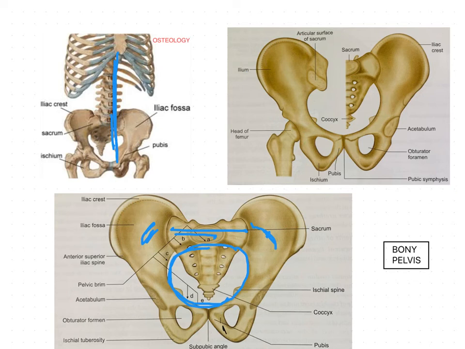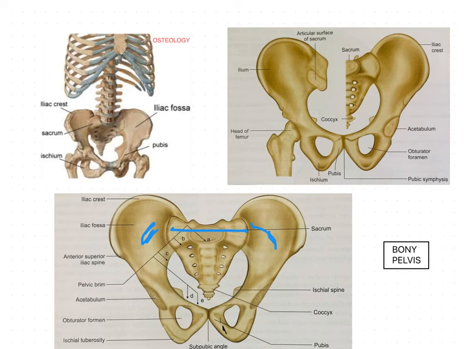The margins of the aperture constitute the pelvic brim. So how is this pelvic brim formed? Behind, it is formed by the sacral promontory and the ridge separating the superior and anterior surfaces of the sacrum. These are the lines you can see here, that is A, B, C, D and E. These are the parts which form the pelvic brim.